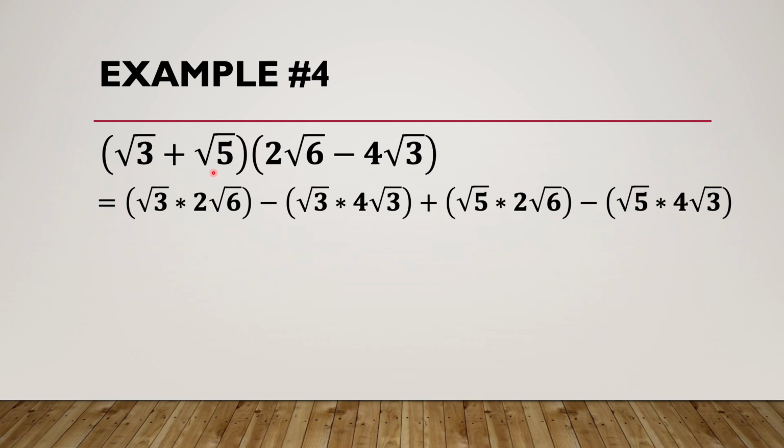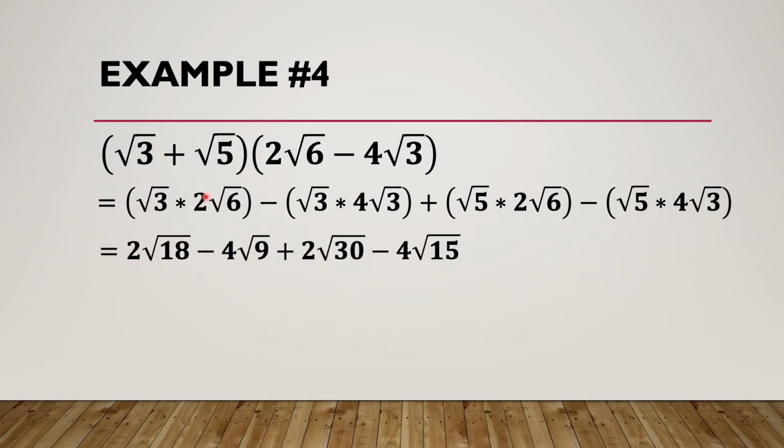Inner. Square root of 5 times 2 square root of 6. Positive, positive, becomes positive. Then last, square root of 5 multiplied to negative 4 square root of 3. Positive, negative, becomes negative.